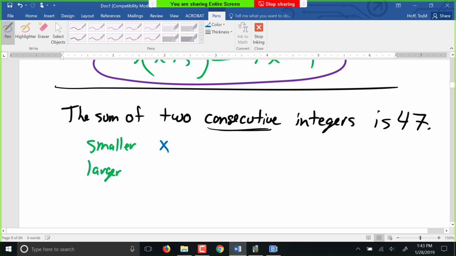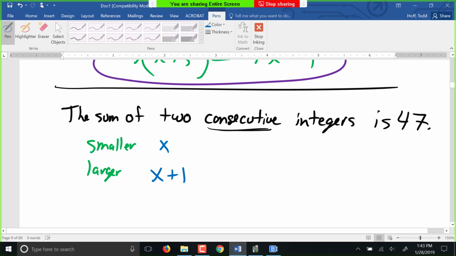If I let the smaller one be x, what's the larger one going to be? Well, we've got to keep it to one variable. X plus 1 would be the next digit up, right? If the first one is 7, the next one would be 8, x plus 1.